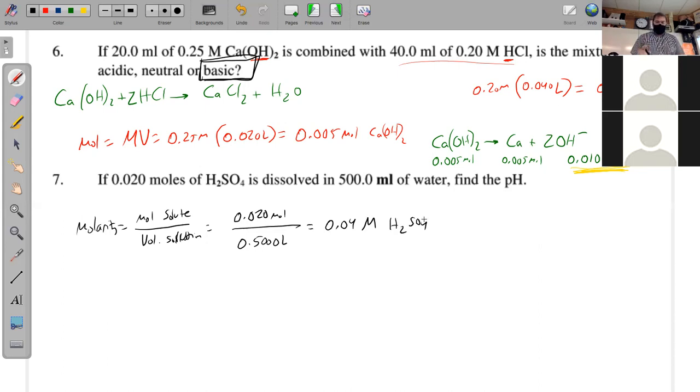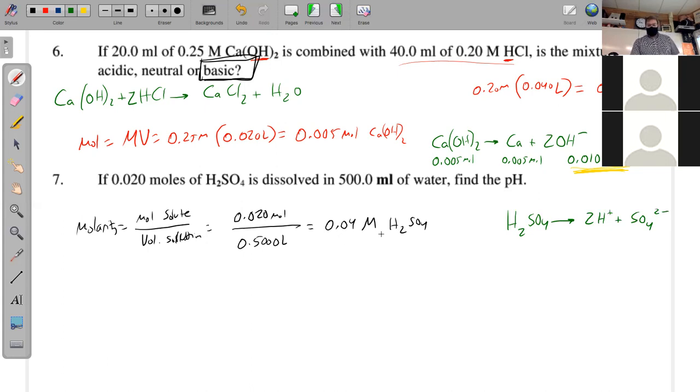H2SO4. But the thing about the H2SO4, this is an oxyacid that's diprotic, meaning there are 2 hydrogens in every H2SO4. So as a dissociation reaction, this H2SO4 breaks down into 2 hydrogens and 1 sulfate.